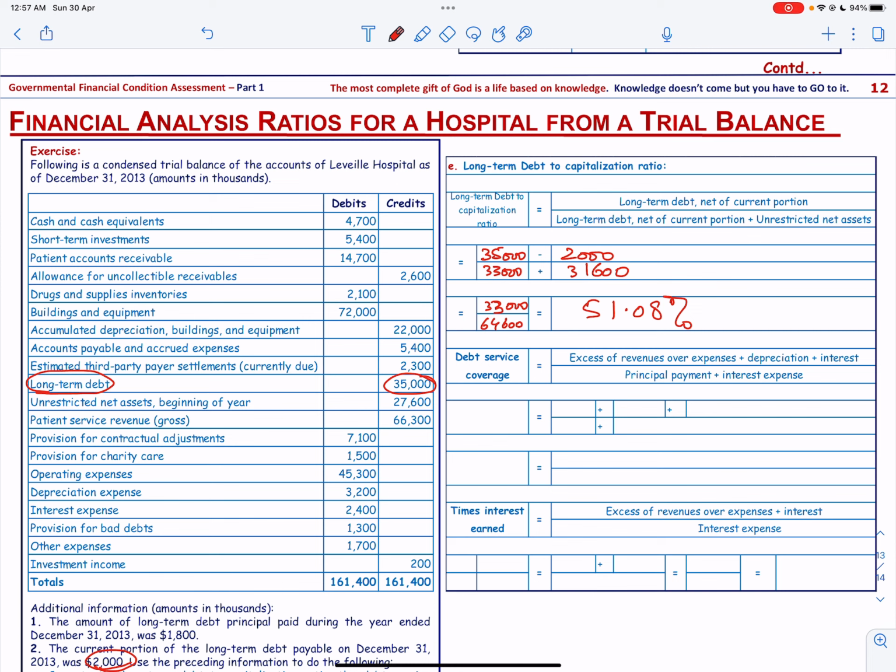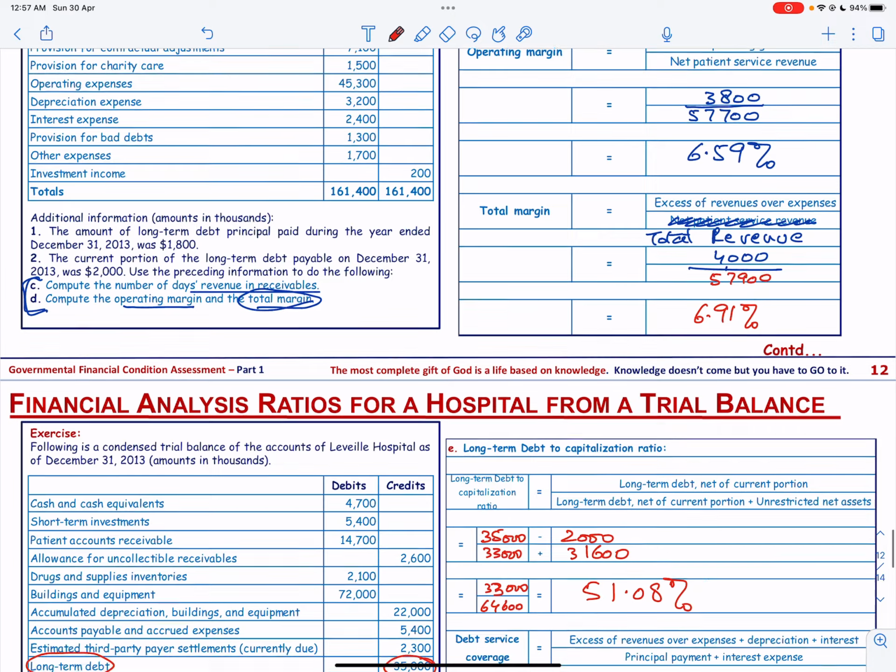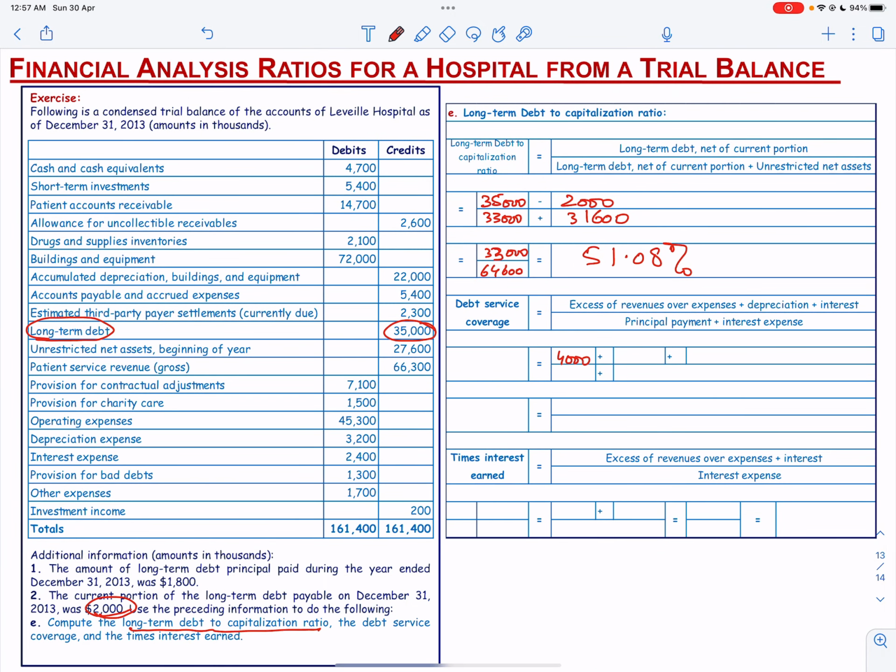Next, we calculate the debt service coverage, and this is the excess of revenue over expenses, and excess of revenue over expenses was 4,000 plus depreciation, and depreciation is 3,200 plus interest, and interest is 2,400 divided by principal payment, and the principal payment was 1,800 plus interest expense, and that is 2,400.